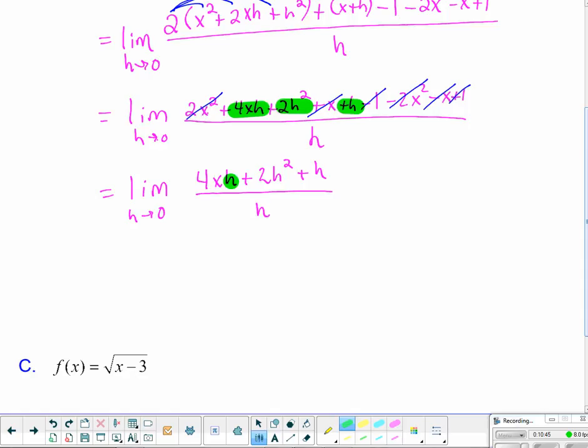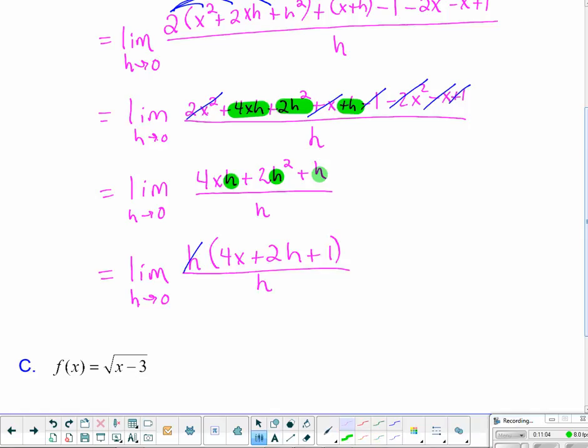Are you noticing that they all have an h in common? Let's GCF that. The limit as h goes to 0, I would have h pulled from those 3 terms. Makes it look like that. h divided by h makes 1.